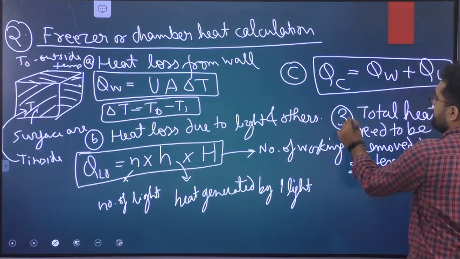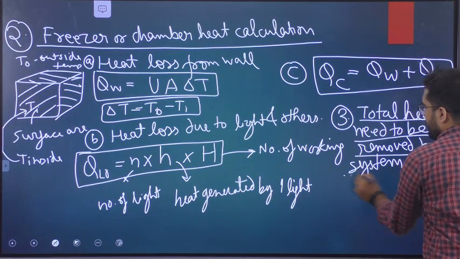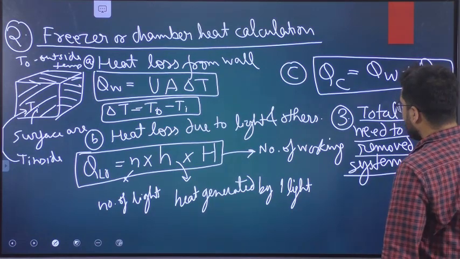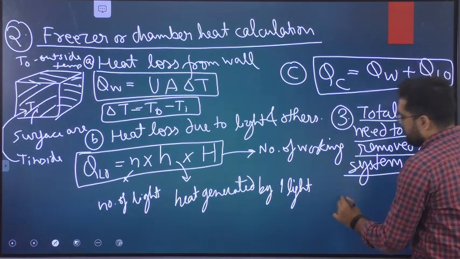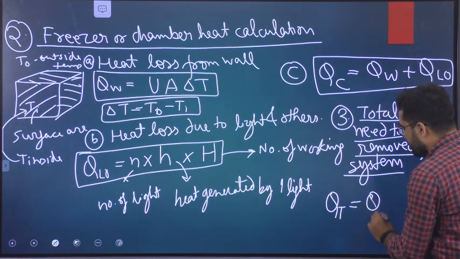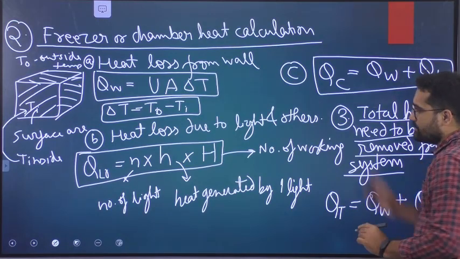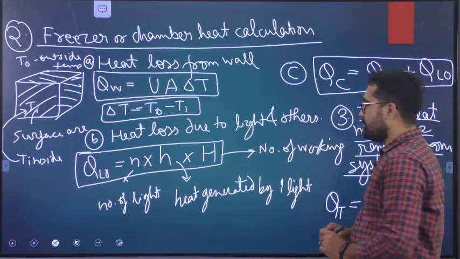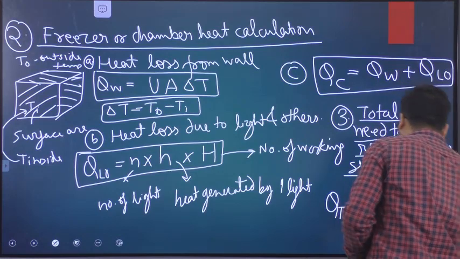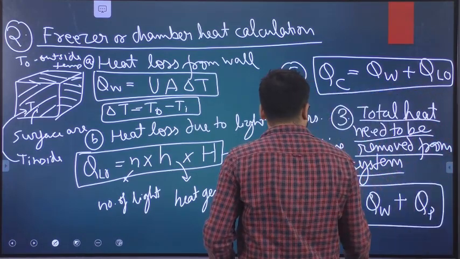That is point 3. So how much is that? That is QT, let us assume QT is equal to QW plus, previously we have found out the product, so QP. So this should be the total heat.